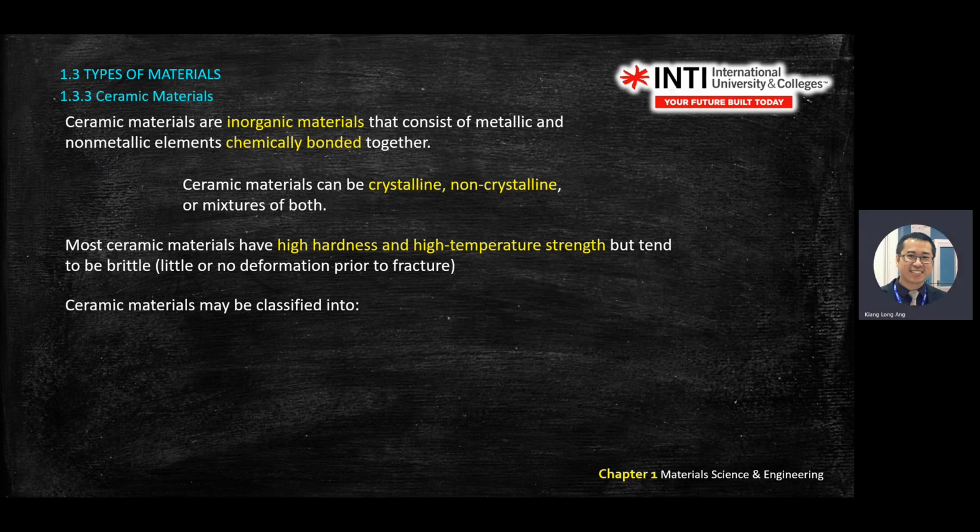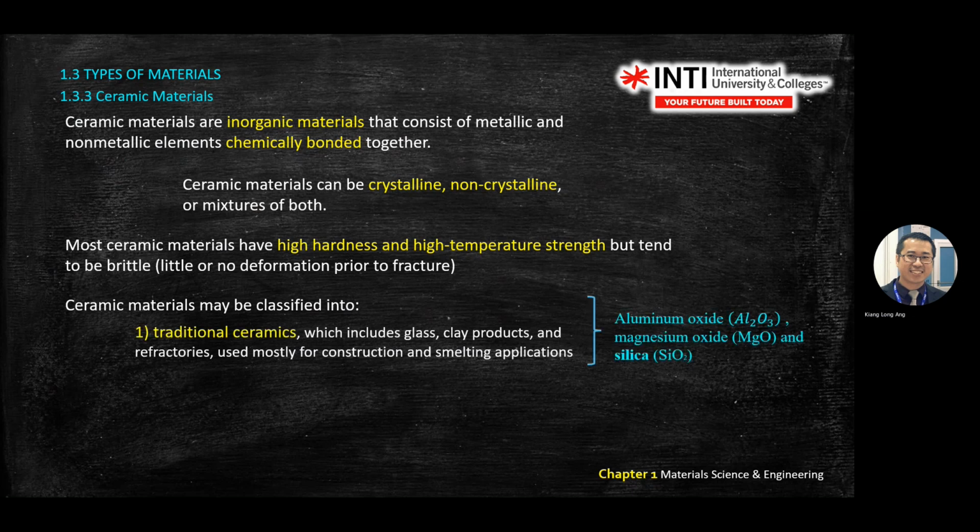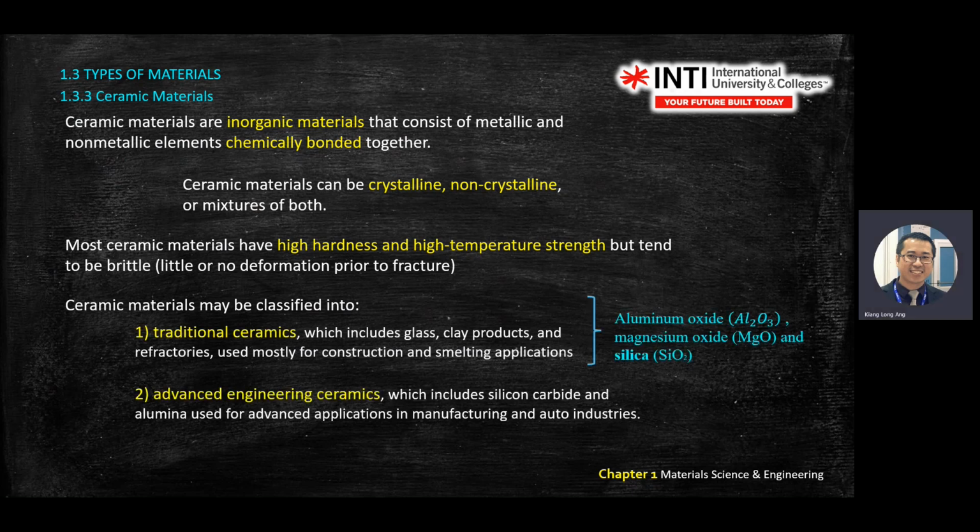Brittle is something linked with ceramic material. Then under ceramic, you have two main classes: traditional and advanced ceramic. Traditional ceramics are those clay products that you are familiar with.